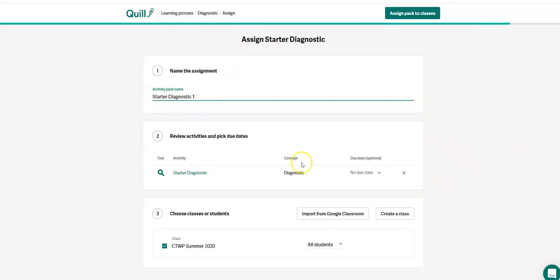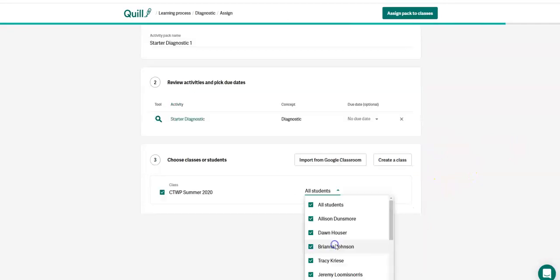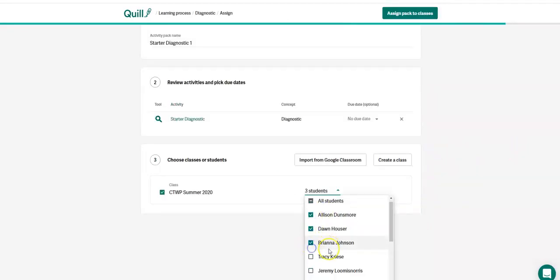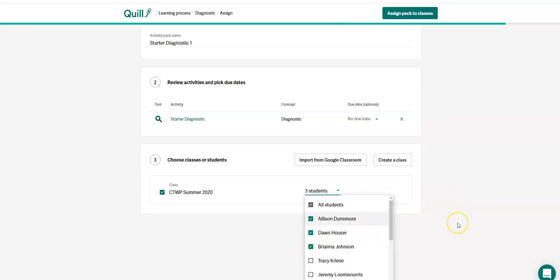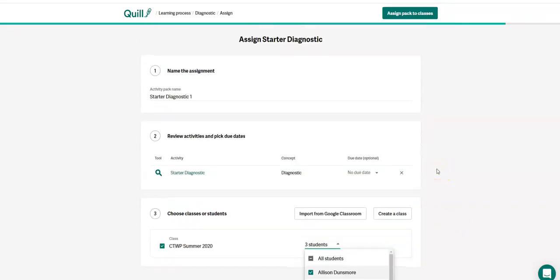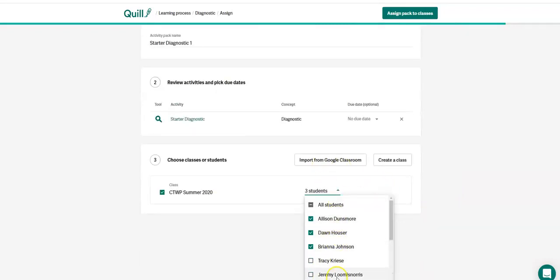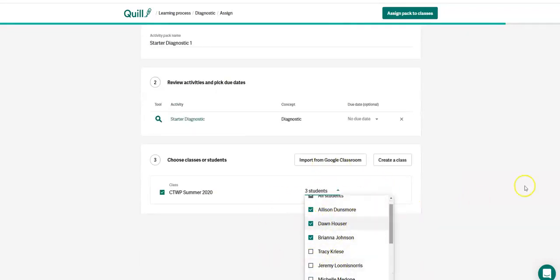Okay, and then all you do is click here and you assign your students. So let's say I'm working in a sheltered instruction class, and half of my students are ELLs and half of my students are not. I would click and choose which students.